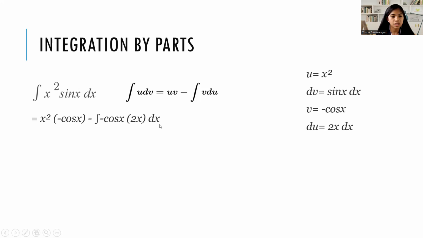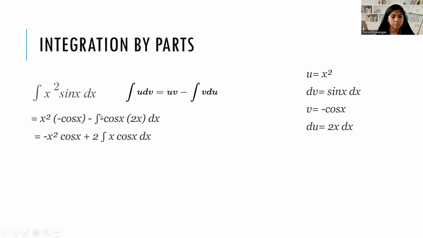To simplify, we derive this equation, which is negative x squared cosine x, from multiplying x squared times negative cosine x. And then we place the 2 here, and the x will remain in the function.